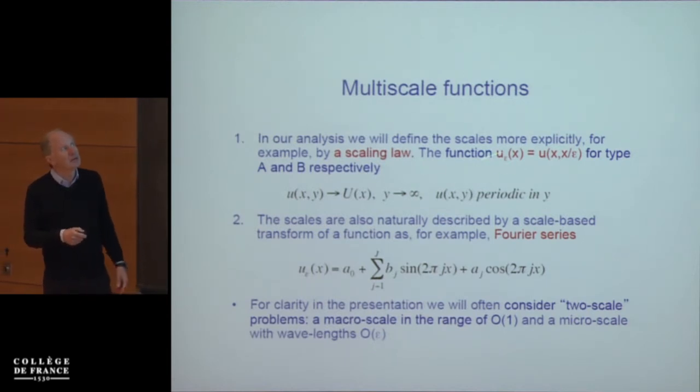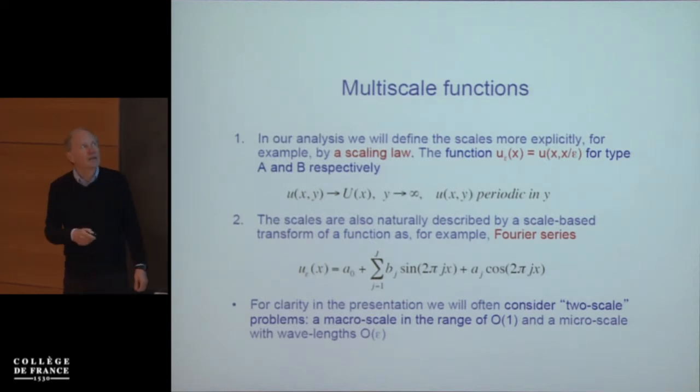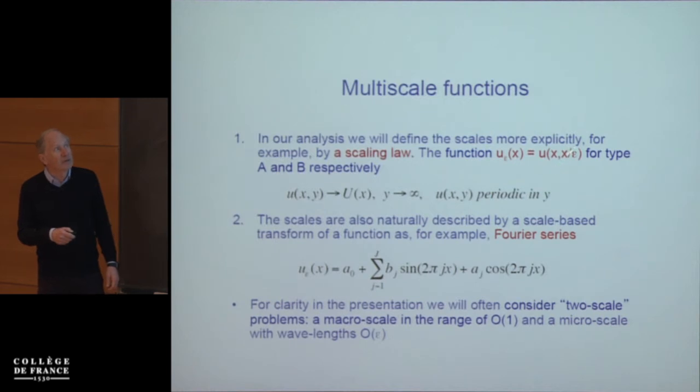It could come from a scaling law like this one, where the epsilon denotes that this is a multiscale function, and it has this clean structure that it depends on the large scale and a much smaller scale. If the function is periodic in the second variable, then we will get oscillations everywhere.